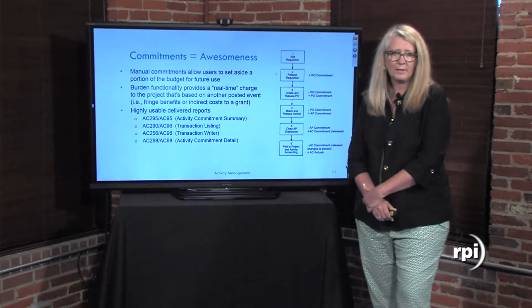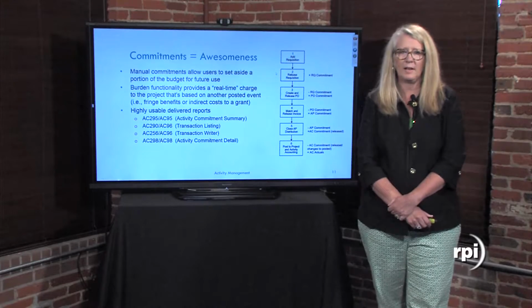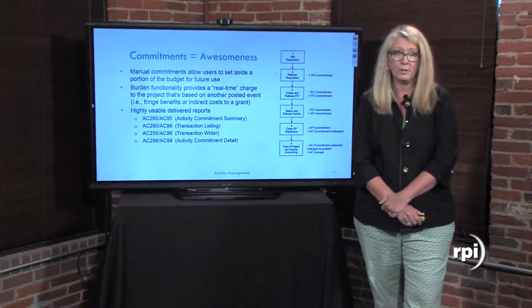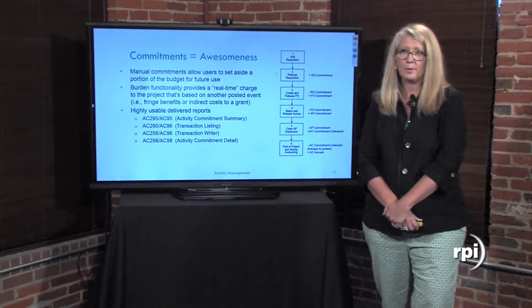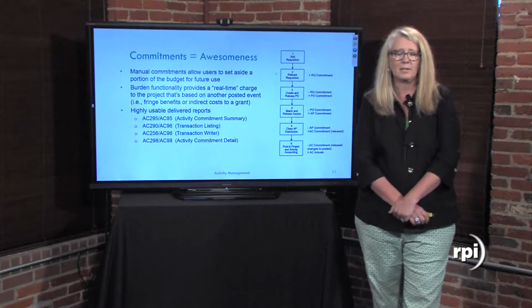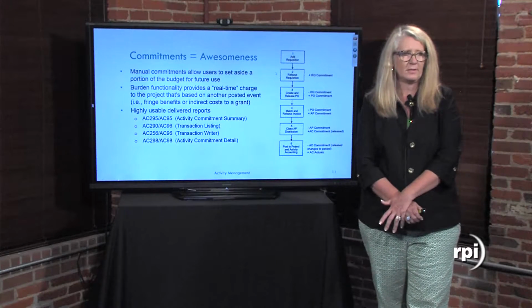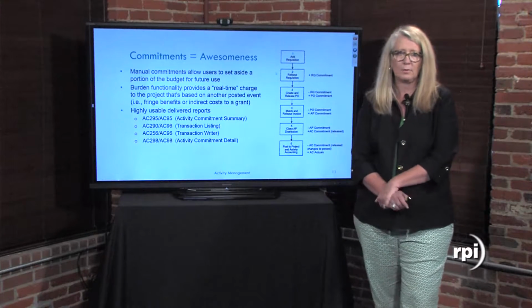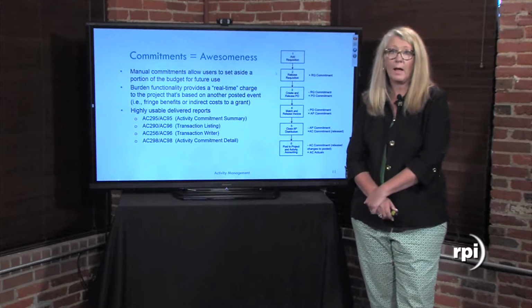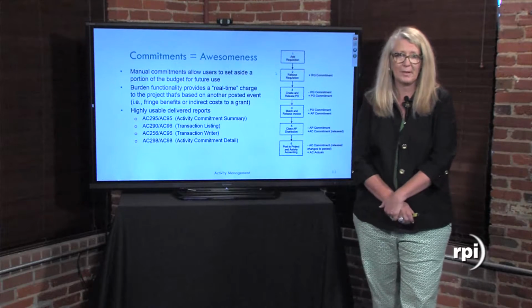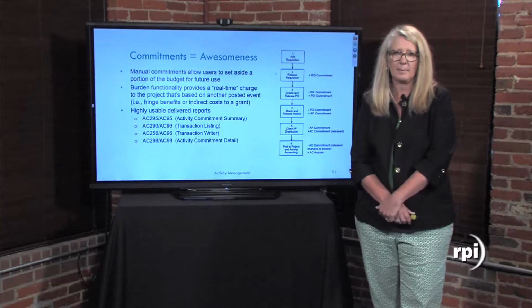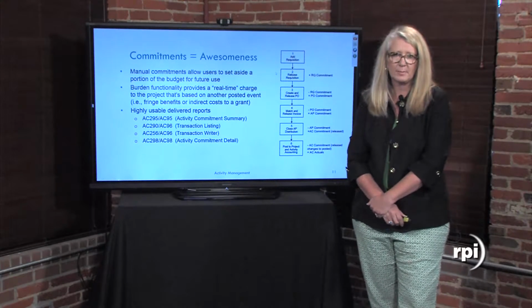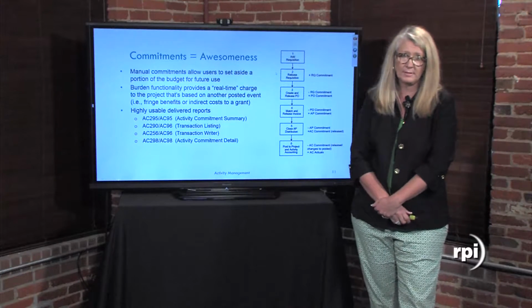There's also burden functionality, and that provides a real-time charge to a project that's based on another posted event. Think of things such as fringe benefits or indirect costs that you want to apply to a grant. There are also some highly usable delivered reports that give you a good bit of detail about the activity commitments. There's summary reports as well as detail reports.